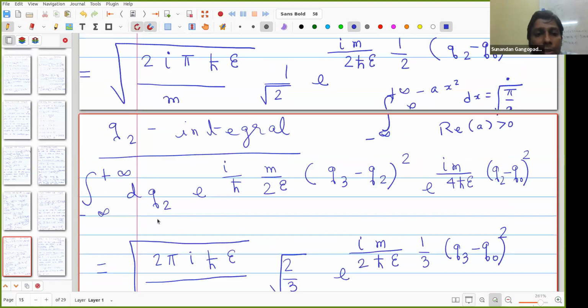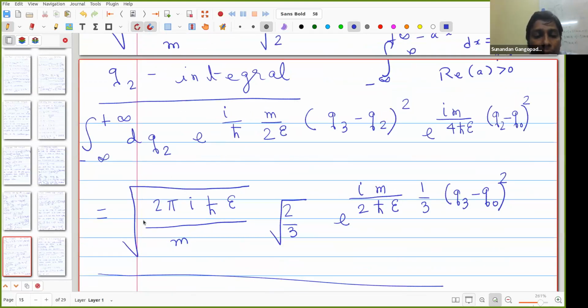So if you multiply these two out, it will just be this factor, 2 i pi h bar epsilon by m. And when you multiply this with this, the factor of 2 and this 2 cancel out completely, and the product of these two integrals will be just this constant multiplied by 1 by square root of 3 e to the power of this thing.